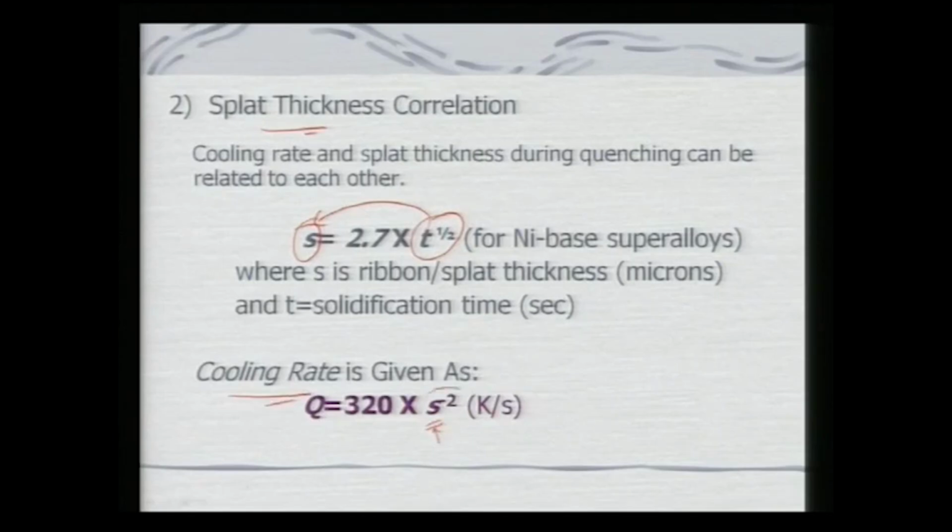If the splat becomes very thin, we can achieve a very high cooling rate. If I have a thinner splat in comparison to a thicker splat, the thicker one needs more time to take the heat out, whereas in the thin case my cooling will be very rapid. So, with a very thin splat I will achieve very high cooling rates, but in the thick case my cooling rates will be much inferior.